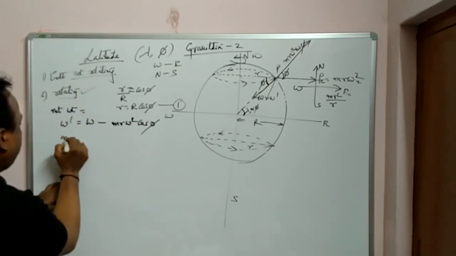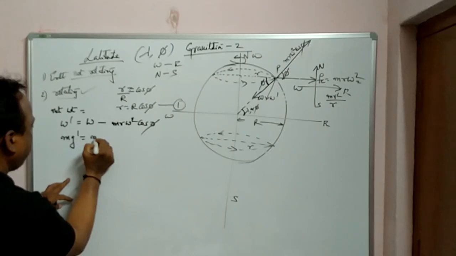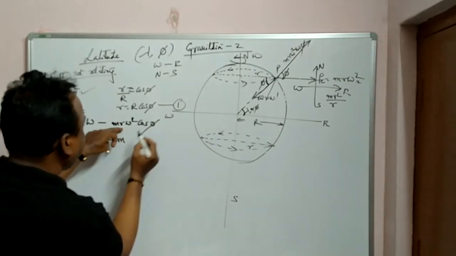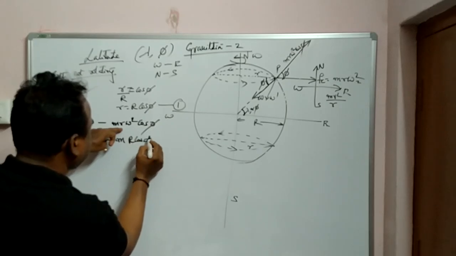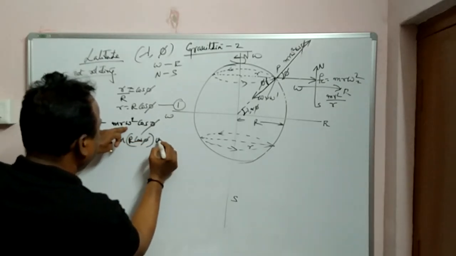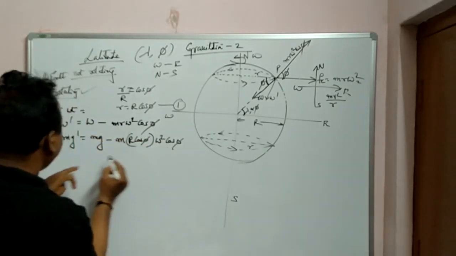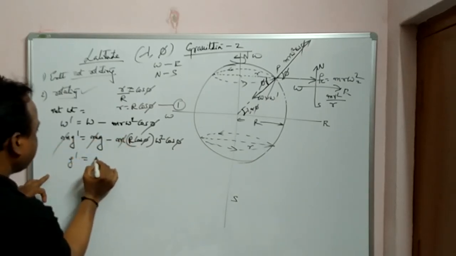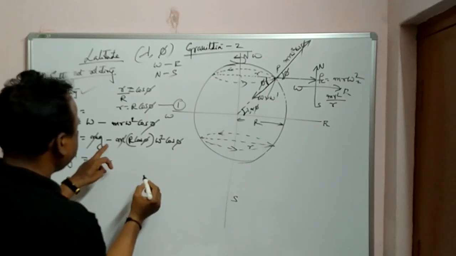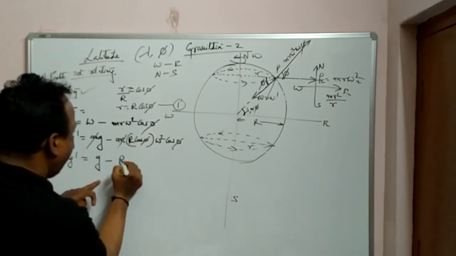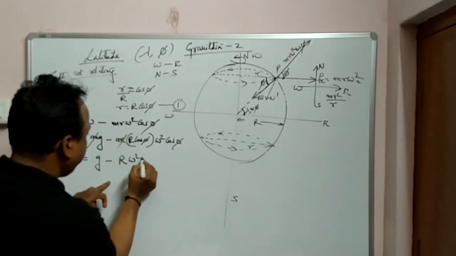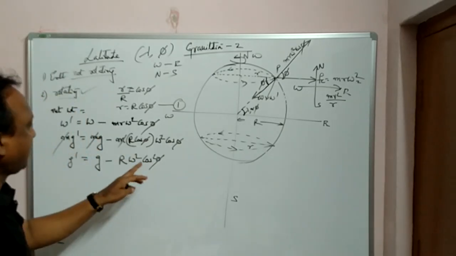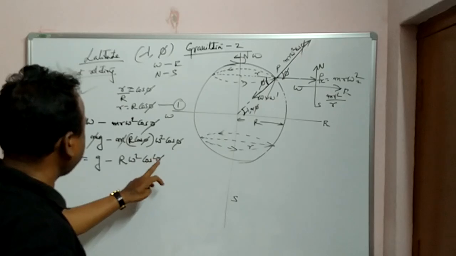Therefore the net weight m g dash is equal to m g minus m times R cos phi, from equation 1, into omega square cos phi. Cancelling m, g dash is equal to g minus R omega square cos phi into cos phi, which is cos square phi.